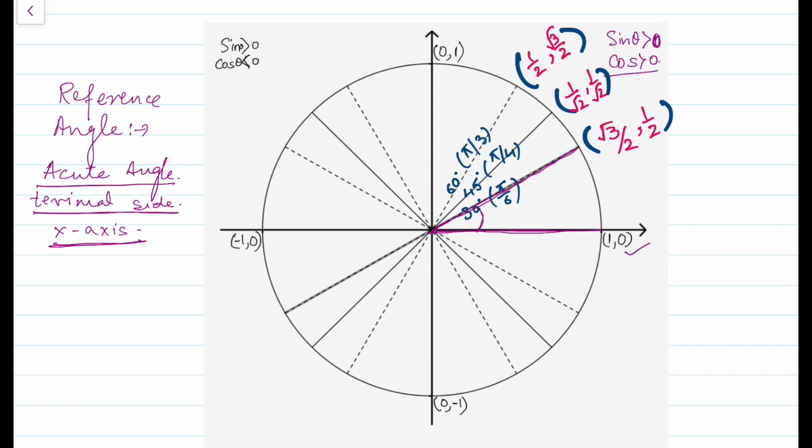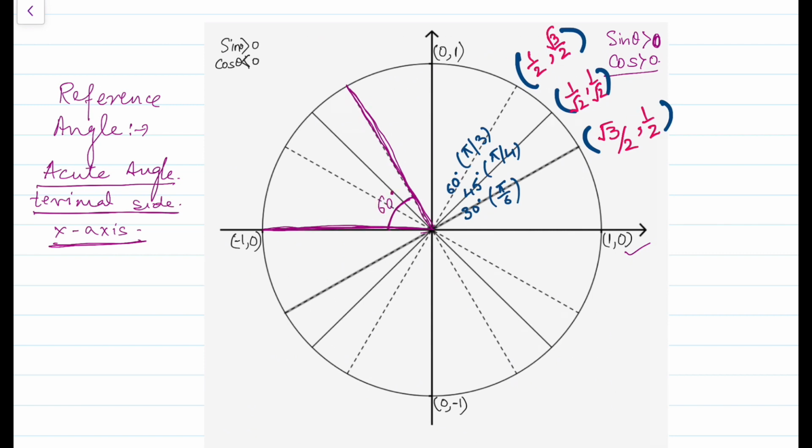But when it comes to the second quadrant, this is your x-axis, so this needs to be your initial side, and then your terminal side can be whichever angle we want. So the first one is this angle that we want, so we need to find what that angle is. Here with the terminal side, this angle is formed, and this angle is 60 degrees.